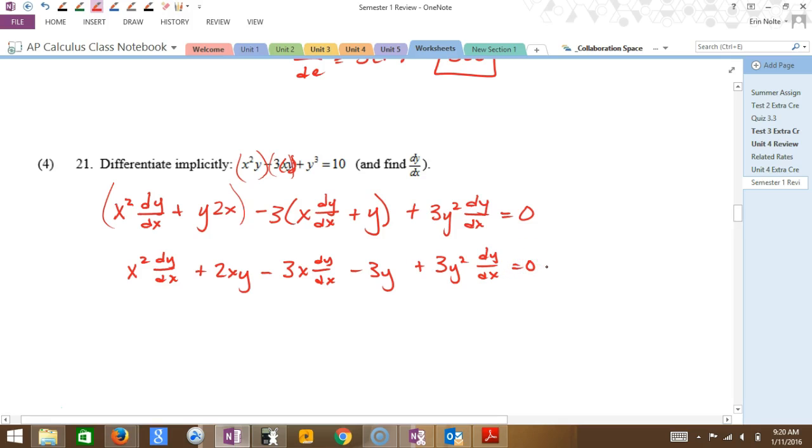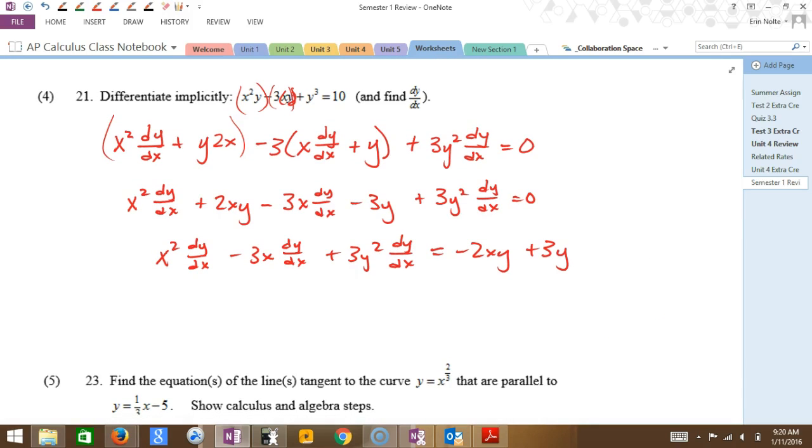Now I'm leaving all the dy dx terms on the left-hand side, and everything else is getting pushed to the other side. So I have x squared dy dx minus 3x dy dx plus 3y squared dy dx, which equals negative 2xy plus 3y.